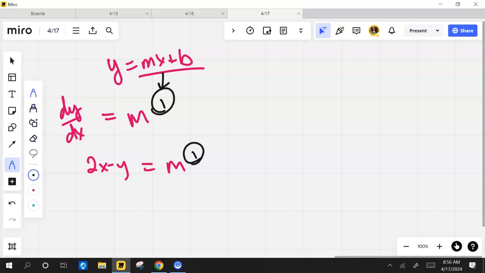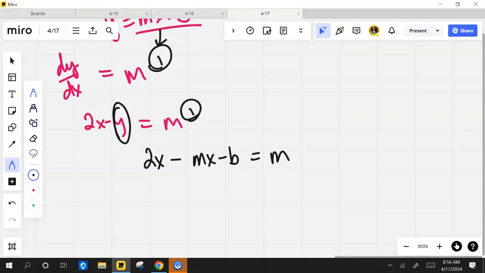All right, so I replaced this y with what I knew y to be, which is mx plus b. So now I have 2x minus mx, and I'm just going to distribute that through. And then I just started working with it, trying to see what I can get. They did the same thing. I went back and looked at theirs.